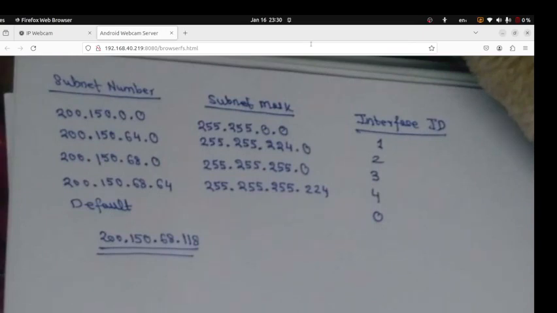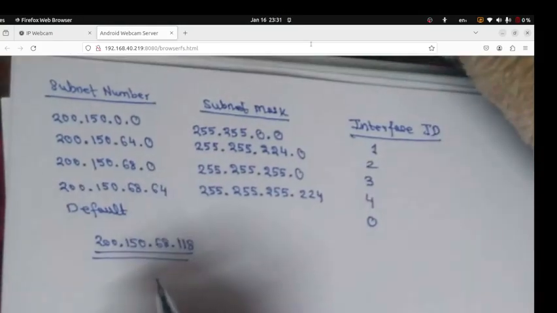We will see how the previous entries in the routing table that we discussed in the previous video are similar to this notation.